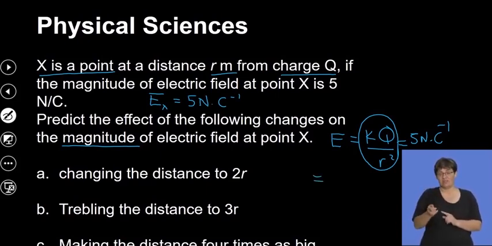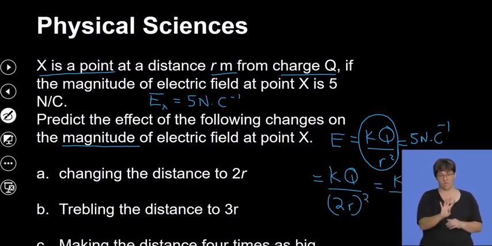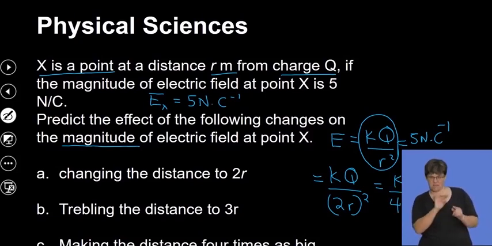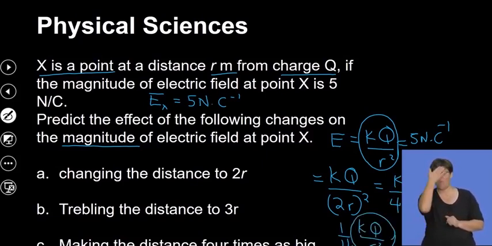We get the new field, in terms of the 5. The charge Q is still the same, we've doubled the distance, and now we are squaring that doubled distance to give us kQ over 4r squared. Immediately I can tell this is a quarter of kQ over r squared, which we know is represented by 5 newtons per coulomb.